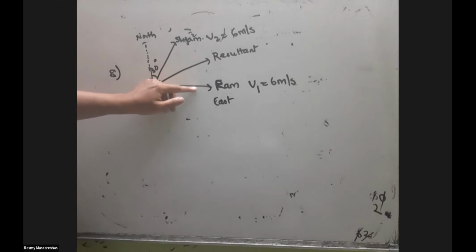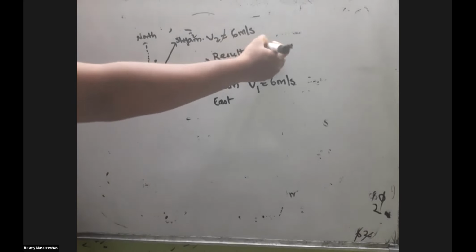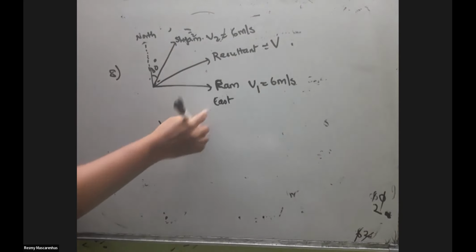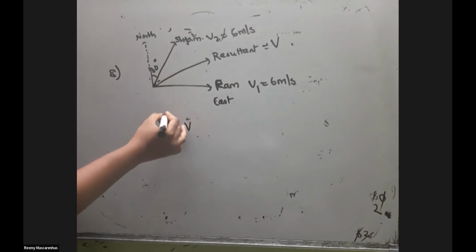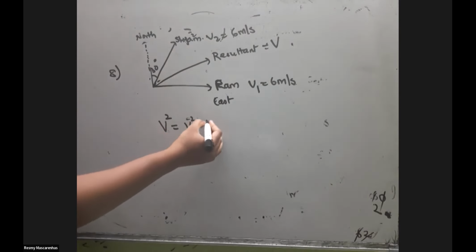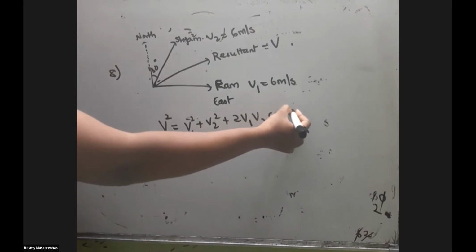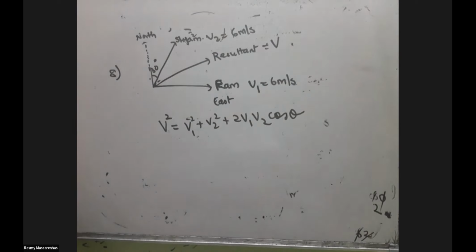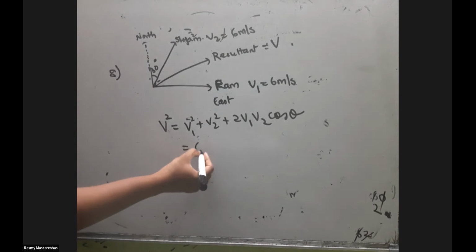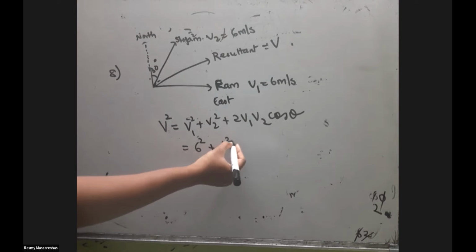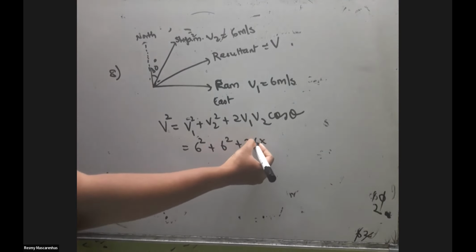Anytime you want to find this, name it as V. So as per this, V square will be V1 square plus V2 square plus 2 V1 V2 cos theta. We have to find the resultant. We don't know what V is. So this is 6 square, this also will be 6, 6 and 6.